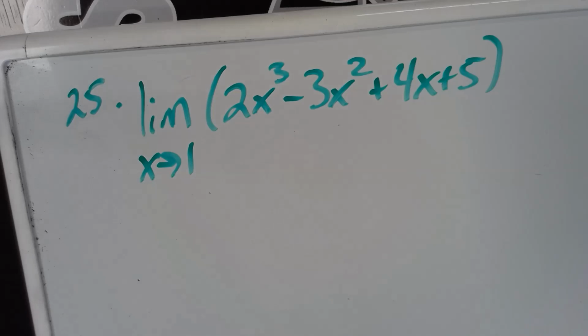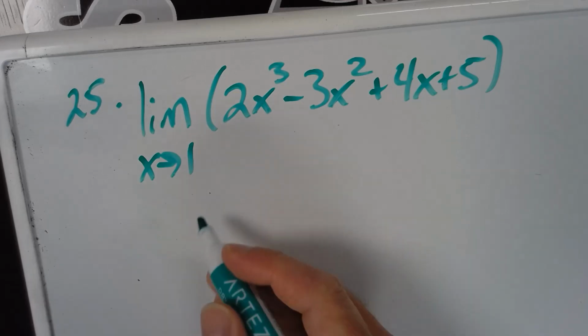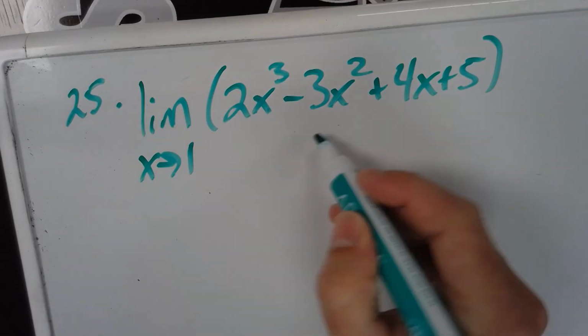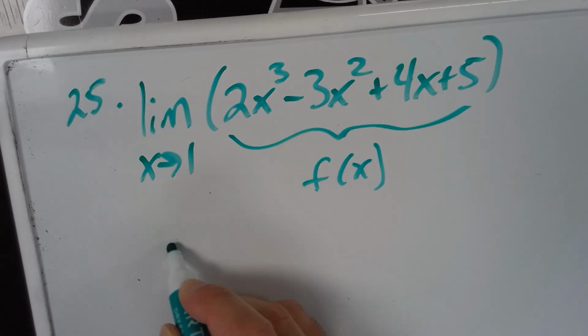But something like this, all we're saying is if this is our function, then all we're really finding is this. And so then you're just going to plug it all the way in.